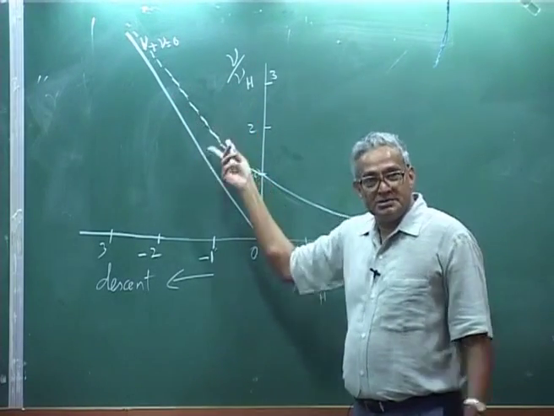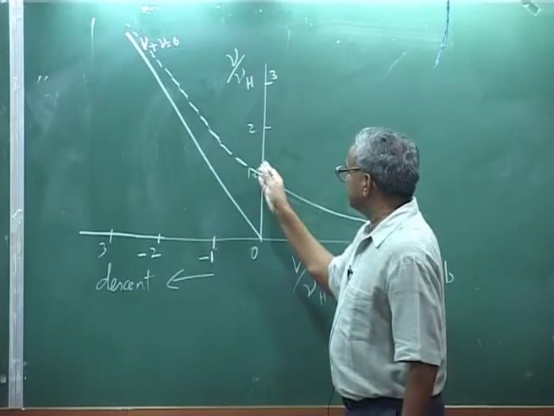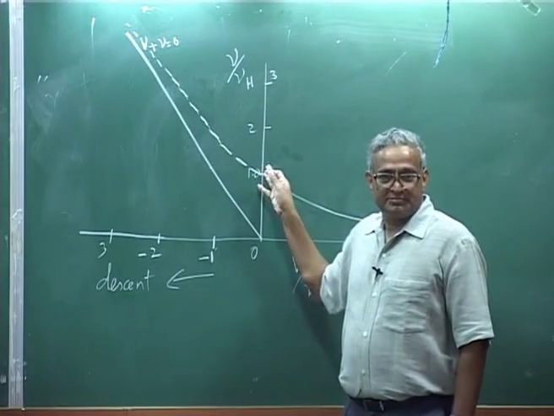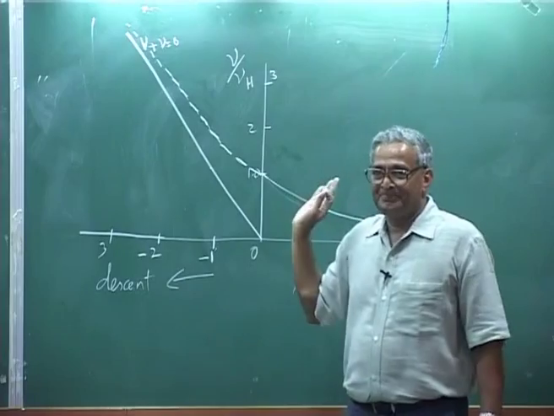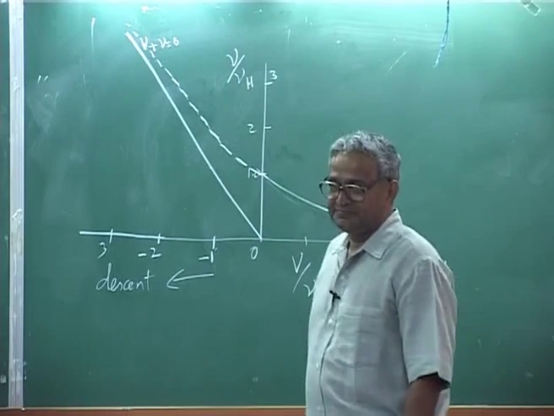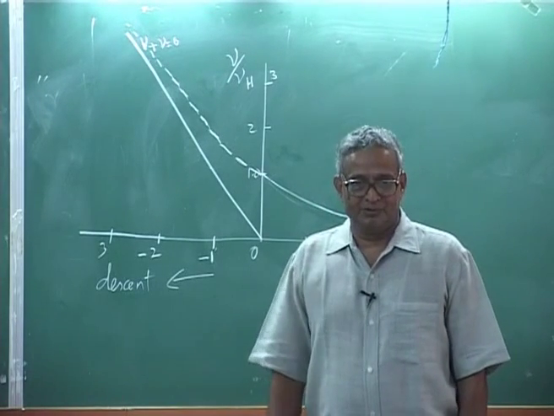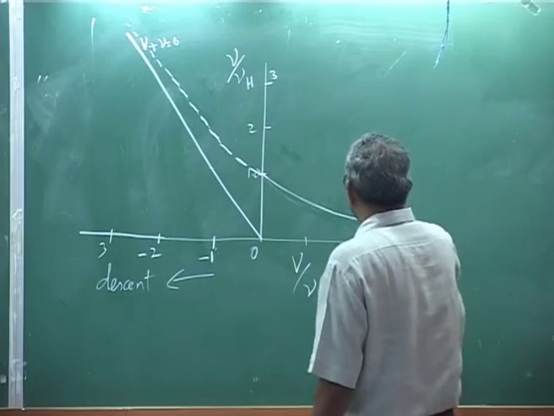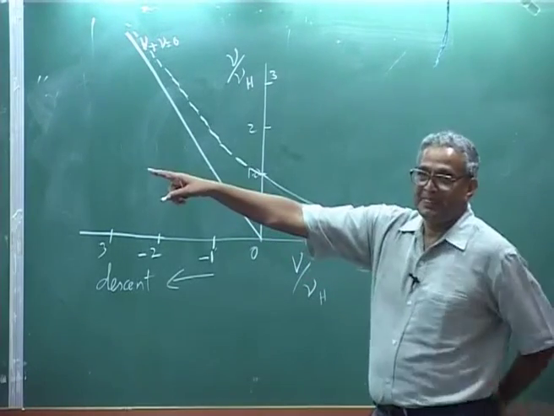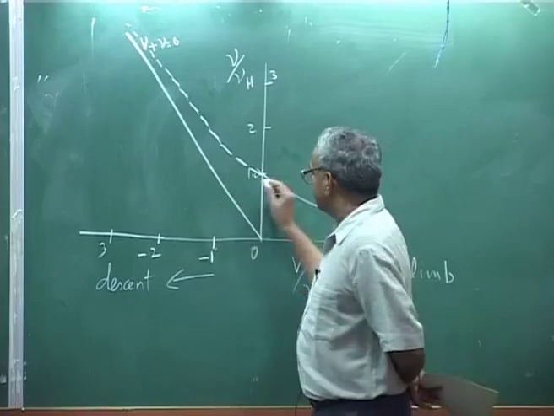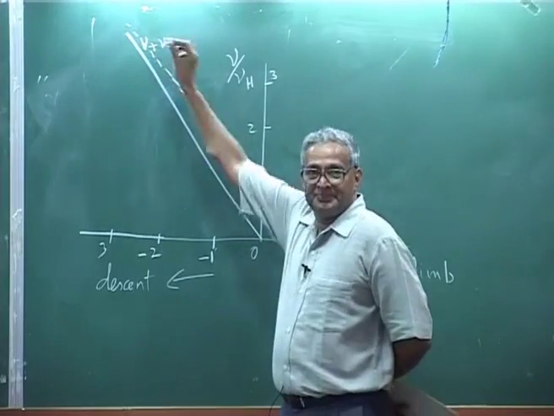V plus nu is 0 on this line, because V is negative, nu is positive. So, V plus nu is 0. You got it. So, if I extrapolate this to the descent, the curve is going to be like this.